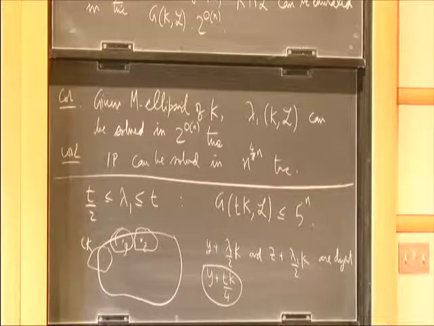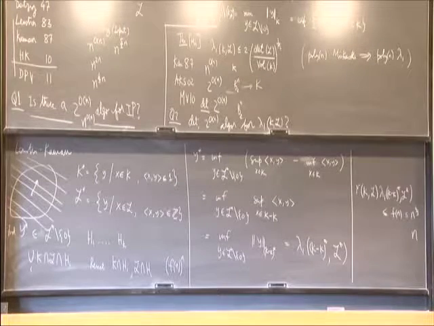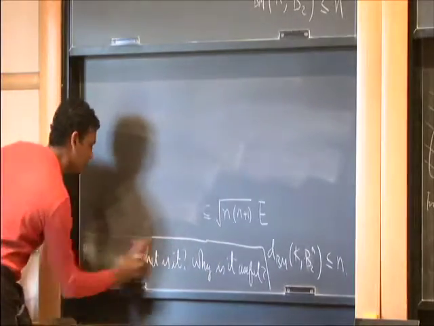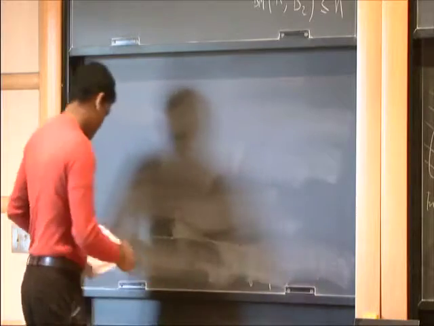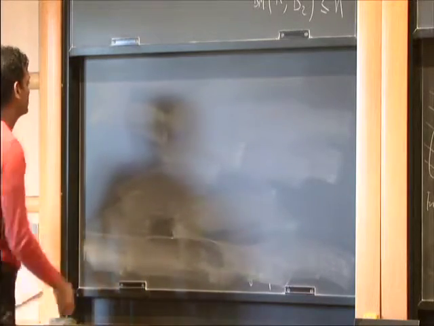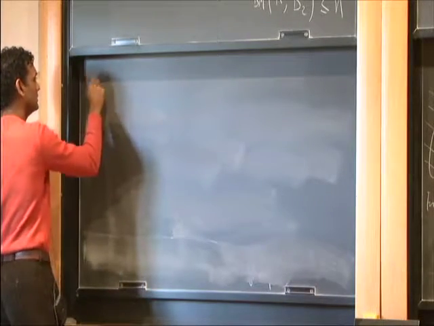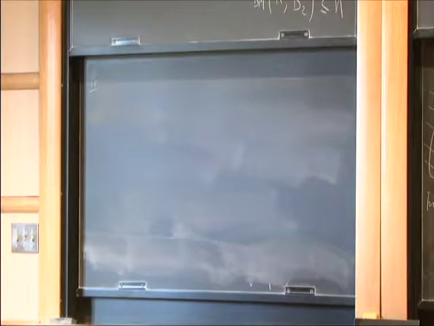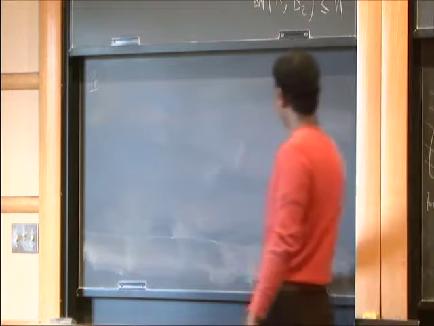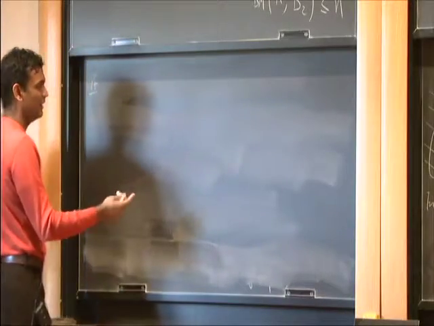So now let me describe what I'm going to prove. This is the proof of the enumeration theorem: given an M-ellipsoid, this is the time to enumerate. I still haven't defined what an M-ellipsoid is, but it's some ellipsoid. What do I want to do?